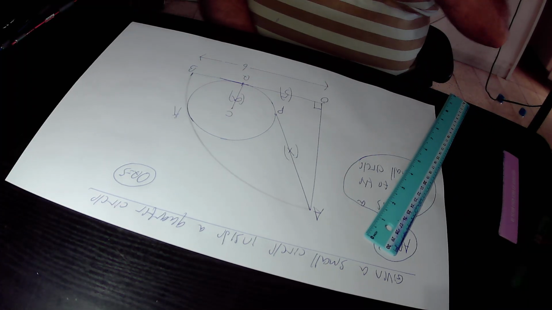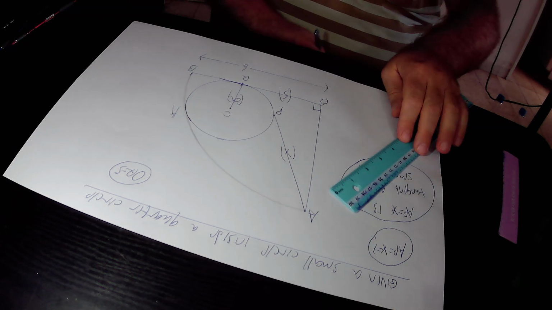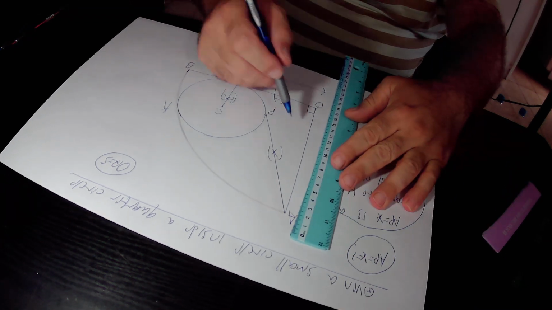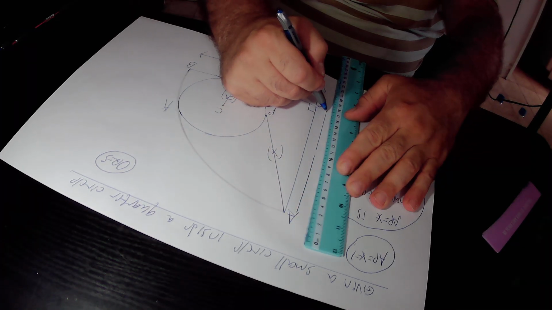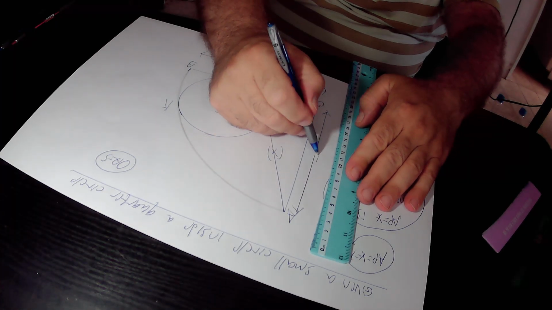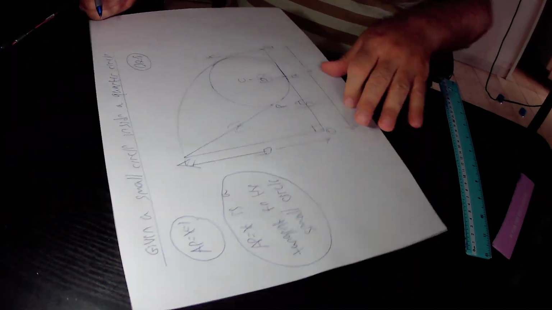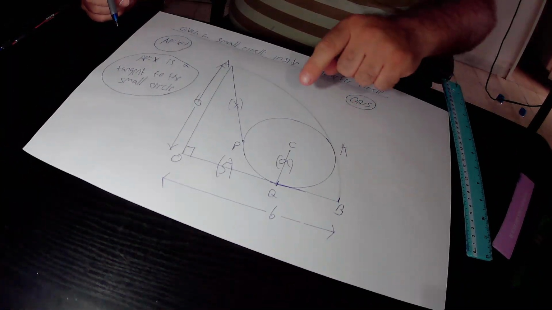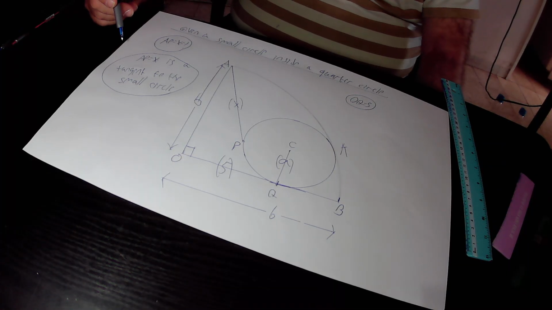AO is also the radius of this quarter circle that is equal to B units in its length according to our definition. So CQ is the radius of this small circle that is equal to A units in its length.